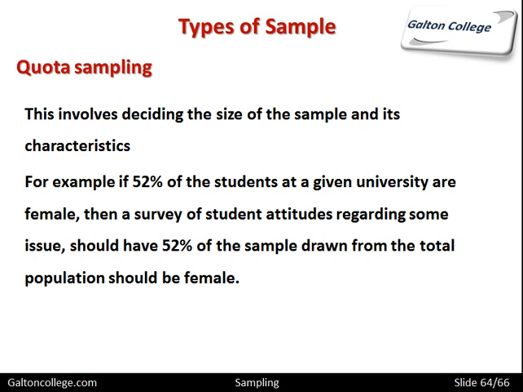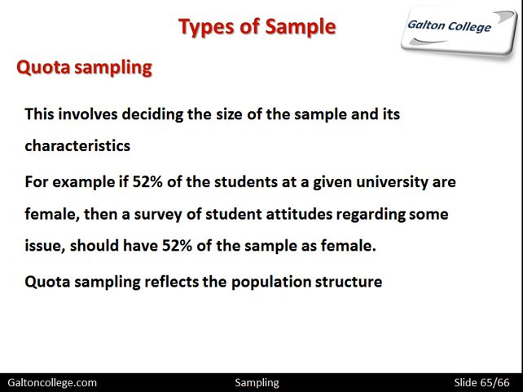So if 52% of the students are female, then 52% of the sample should be female, ideally. So that's quota sampling. So quota sampling reflects the population structure.